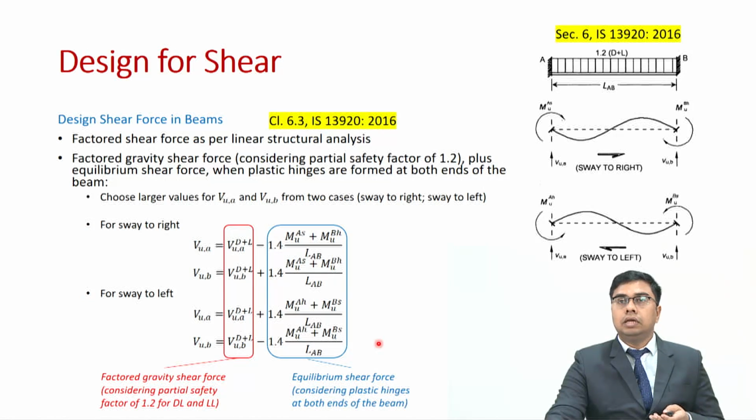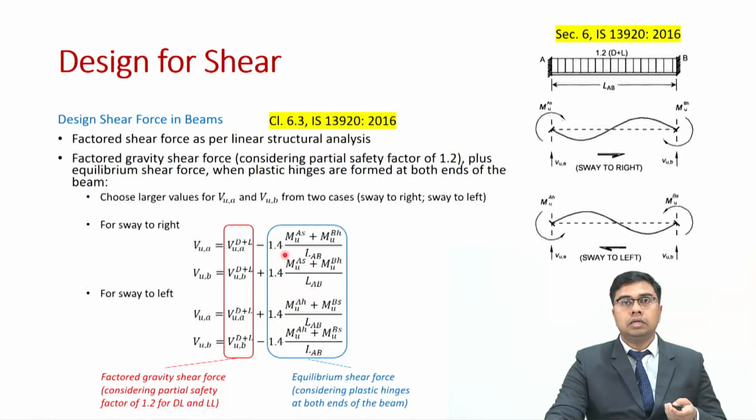Now, another thing which you will be observing over here is that there is a factor of 1.4. This factor of 1.4 helps us to preclude the shear failure, and have the flexural failure in the beam before the shear failure.